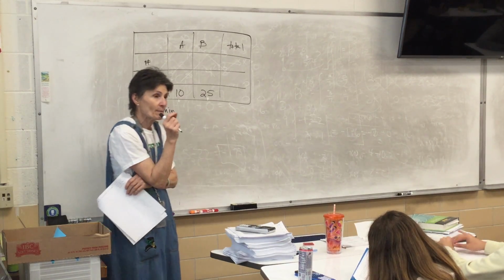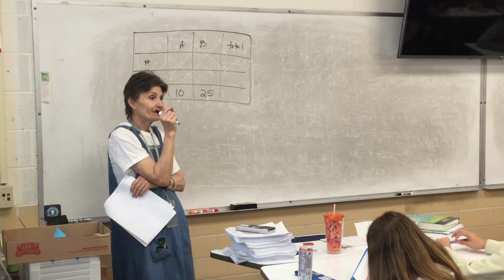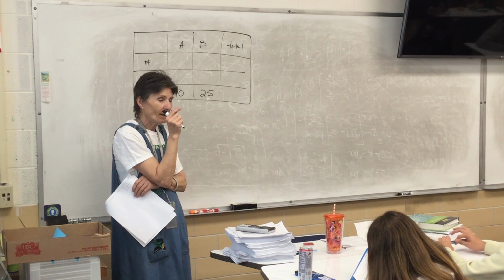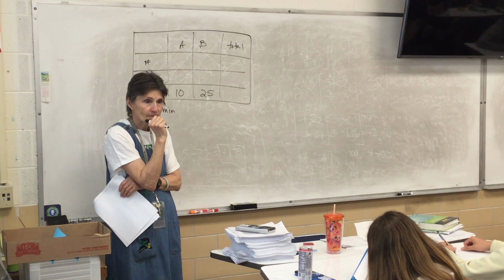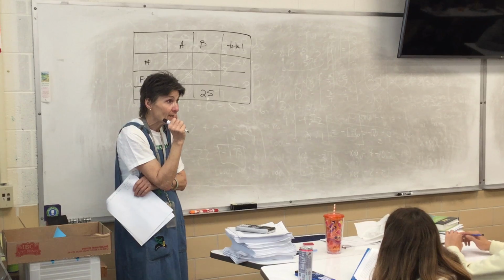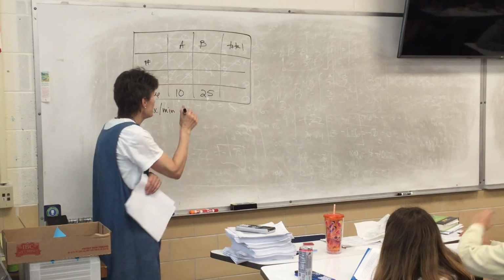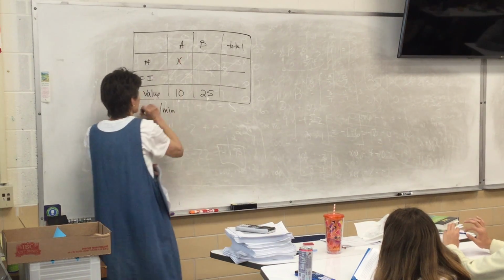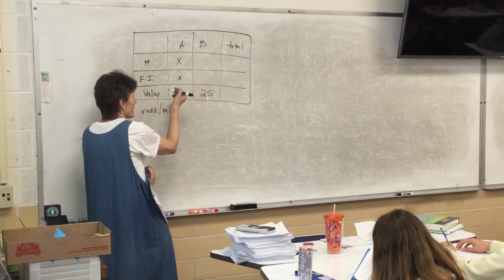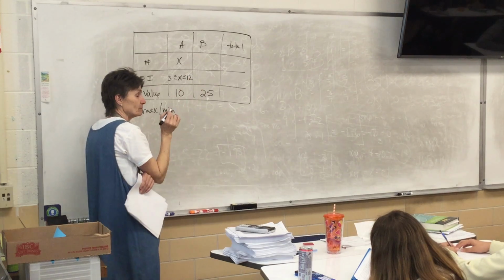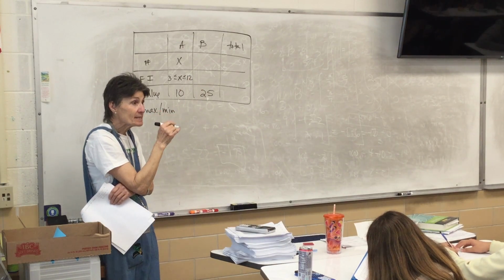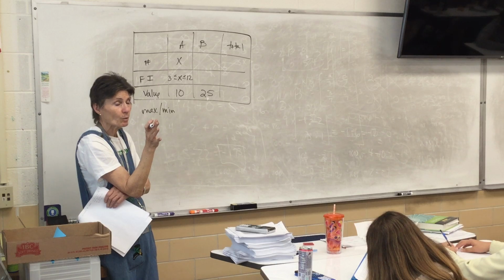So what does that tell me about A's? I have to do at least 3, but not more than 12. So aren't I in between 3 and 12? So my A questions, which I'll call X, or you could use A if you wanted to, have to be in between 3 and 12. Have to be at least 3, but you can't be more than 12.